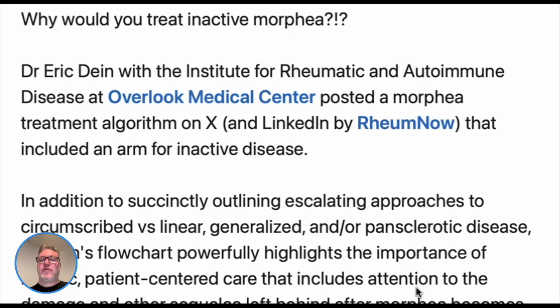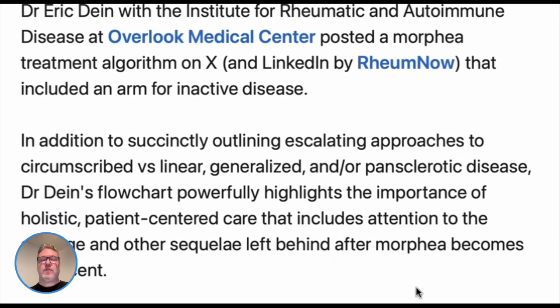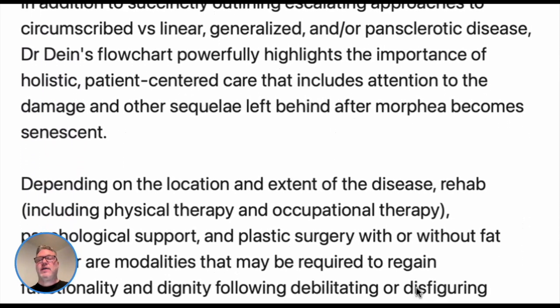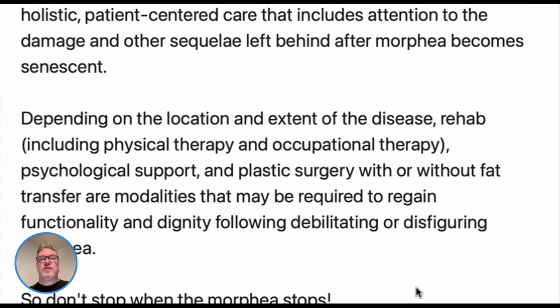So, in addition to succinctly outlining escalating approaches to circumscribed versus linear, generalized, and/or pansclerotic disease, Dr. Dean's flowchart powerfully highlighted the importance of holistic, patient-centered care that includes attention to the damage and other sequelae left behind after morphea becomes senescent.